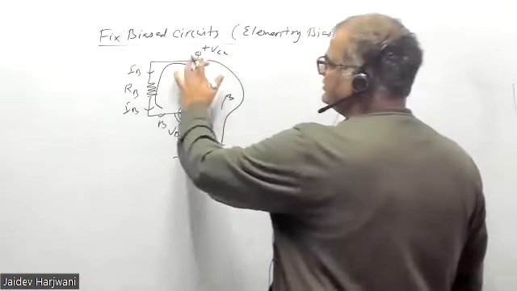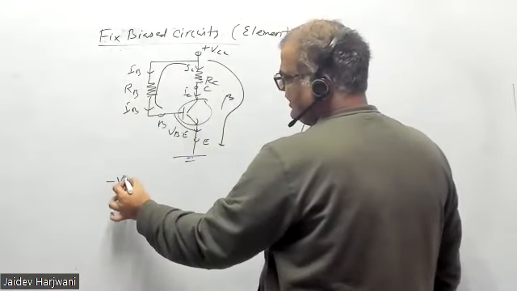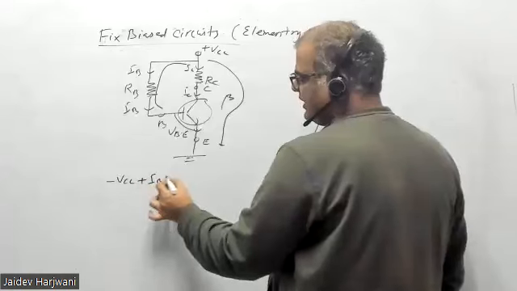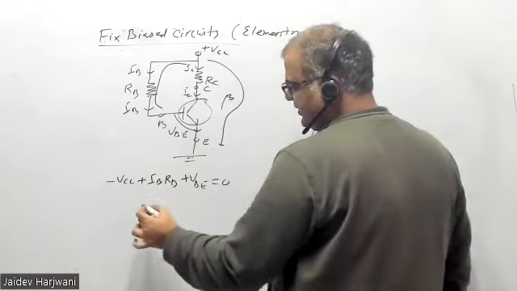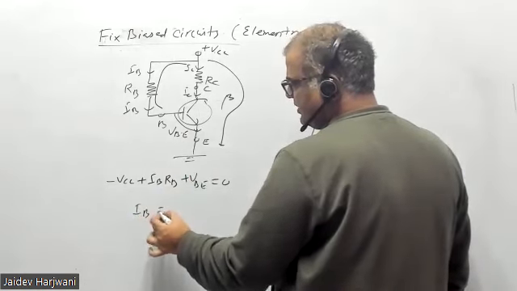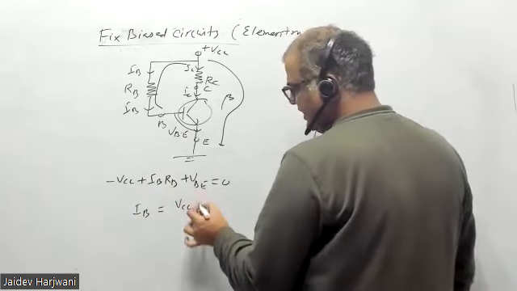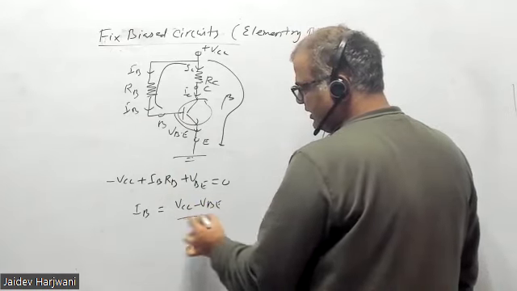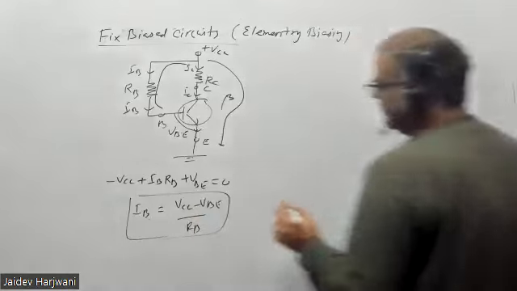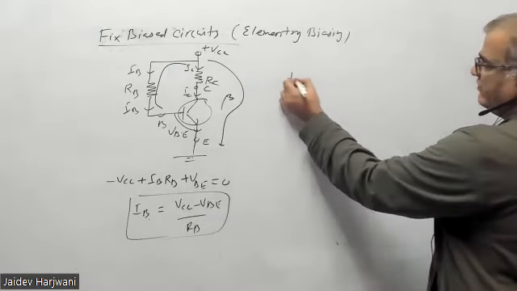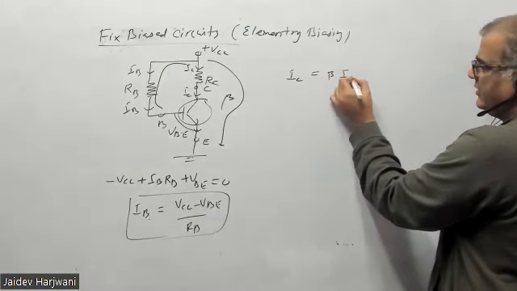Okay, so this is your VCC. Minus VCC plus IB RB plus VBE equals 0, and your IB becomes (VCC minus VBE) upon RB. Once you know the IB, automatically you can find IC by beta IB.